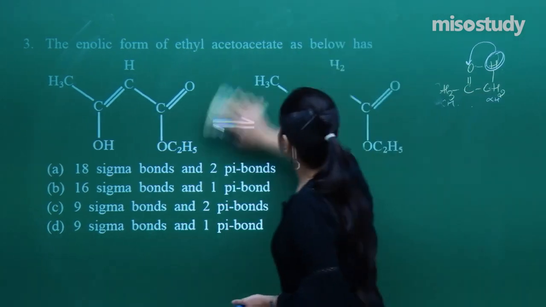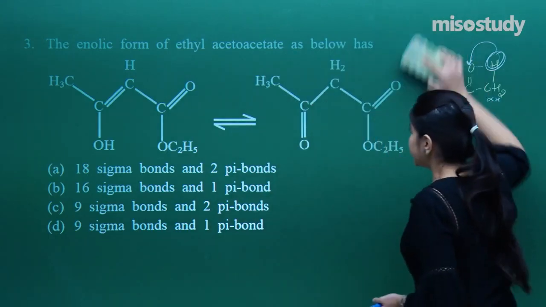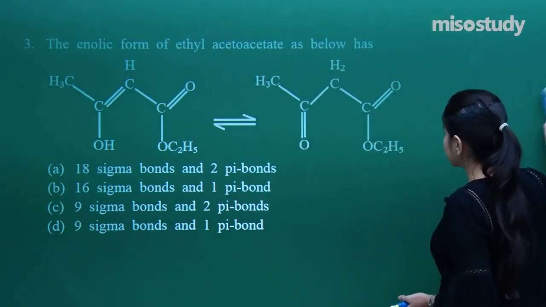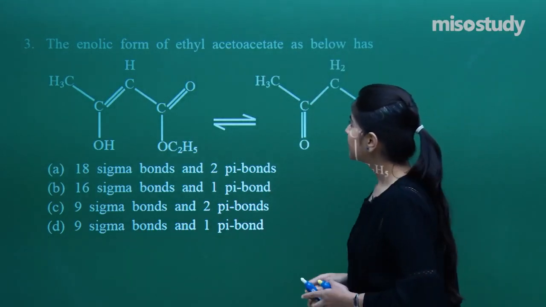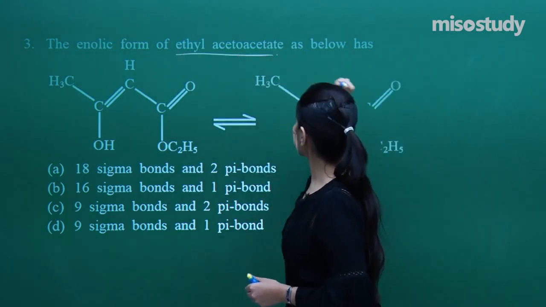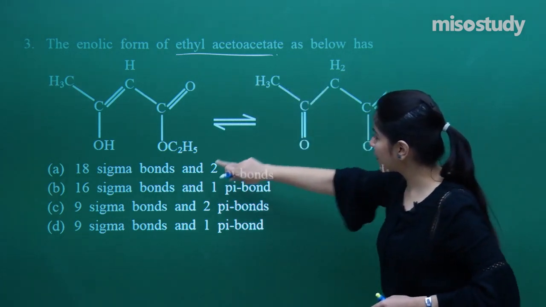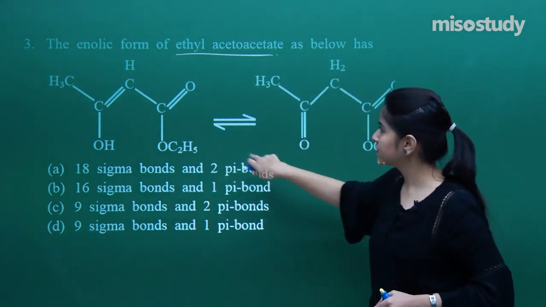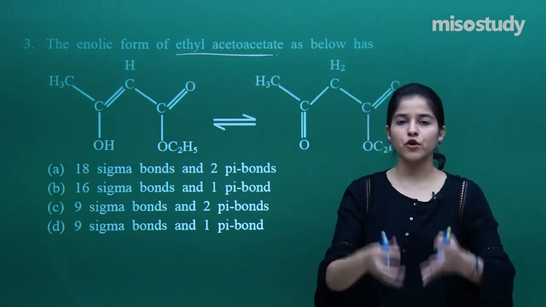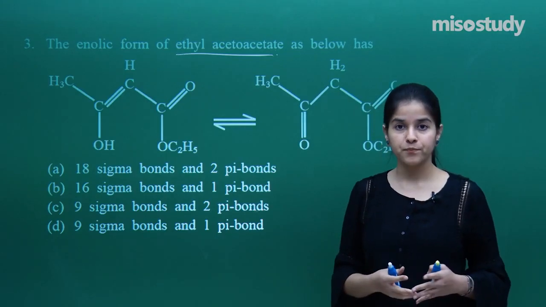Right. Again the question pops up for tautomerism. Now they are asking about the enolic form of the ethyl acetoacetate, as below. So they are asking about the number of sigma and pi bonds. Don't just straight away jump onto the question, but first of all observe what options are given.